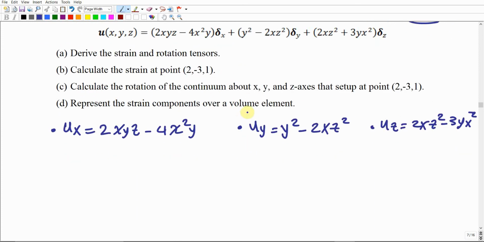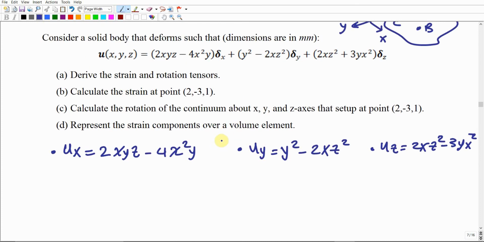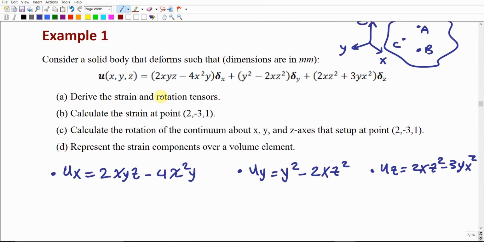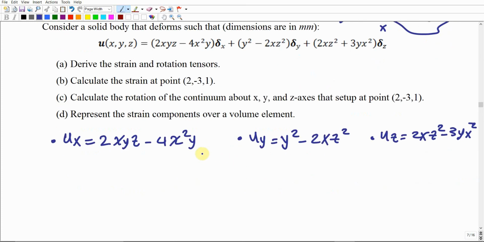It is very similar to what you had before in the mechanics of material class, in case the instructor had covered this part with you. But anyway, we're going to go over it again, and I'm going to add to these requirements to form the deformation tensor. So let us form the deformation tensor, the strain tensor, and the rotation tensor.